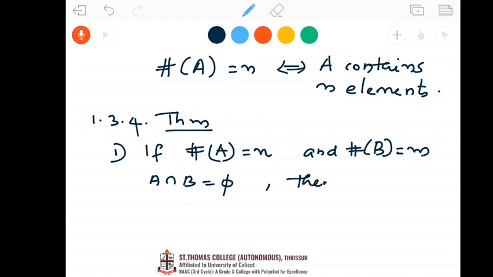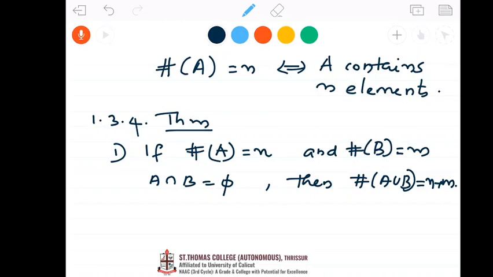Then the set A union B contains n plus m elements. This is the first statement you have to prove. So A is a finite set with n elements, B is a finite set with m elements, and they are disjoint sets. So their union will contain n plus m elements.